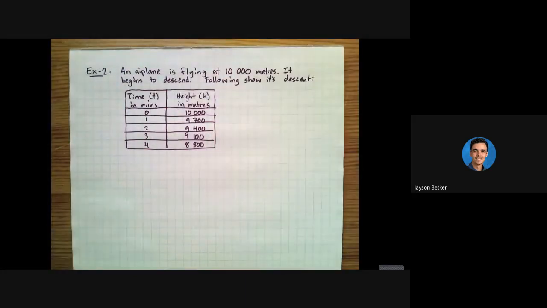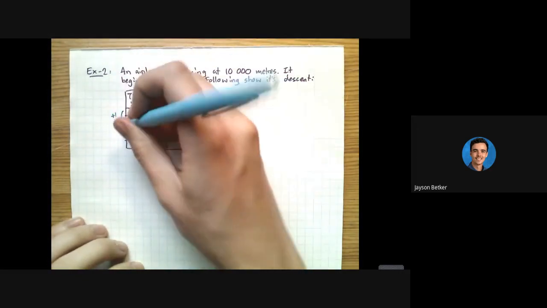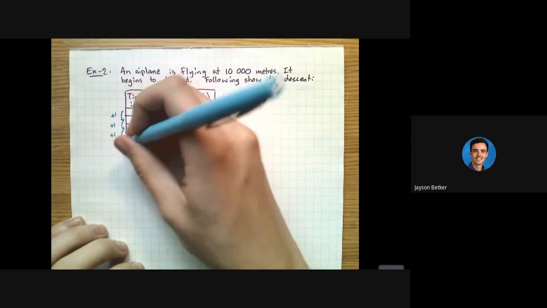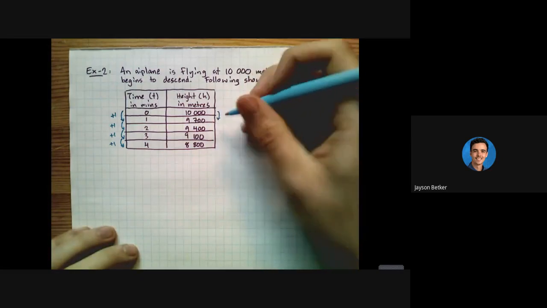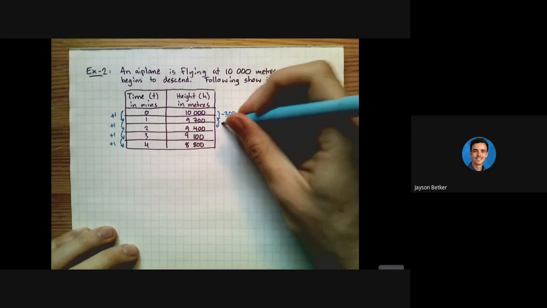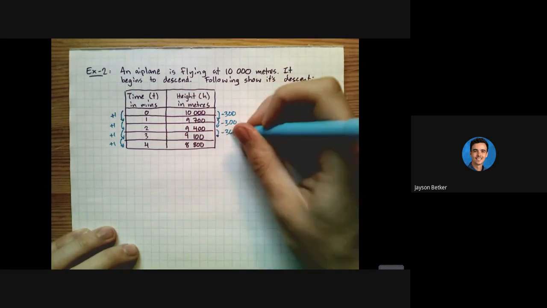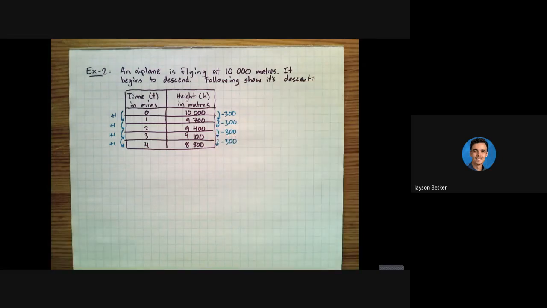What I'm seeing is that every time I go down here, I go +1, +1, +1, +1, right? And this time what's happening is we are decreasing by 300 every time. -300, -300, -300, and -300. We do have a relationship between these two numbers. Every time this one increases by 1, this one decreases by 300.